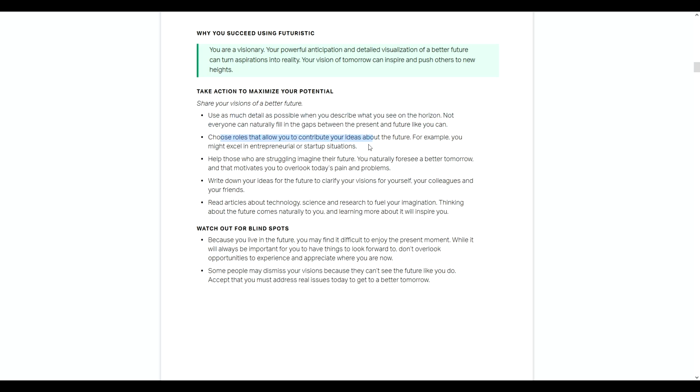The next one says choose roles that allow you to contribute your ideas about the future. So being an entrepreneur, I mean, I can do that on my own. I am my own boss. So this is why a lot of the things that I talk about is helping people move forward. And one of my strengths is always moving forward. That is in part due to futuristic. I don't stay in the present very long.